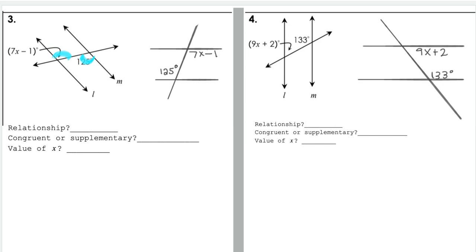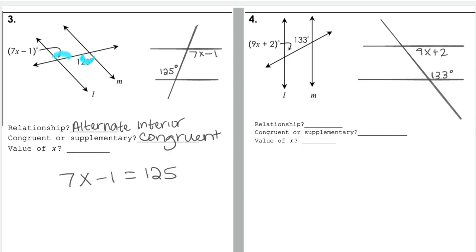So these are both inside the parallel lines, and they are on opposite sides. So inside the parallel lines on opposite sides would make them alternate interior angles. Looking at both of these angles, I can tell that they are both obtuse angles, and that tells me that these angles are going to be congruent.